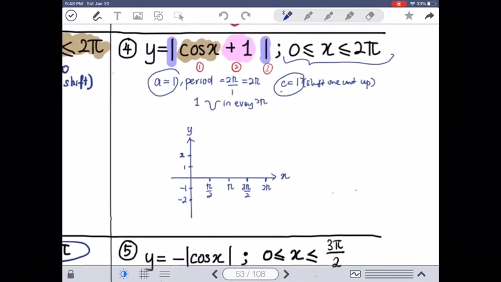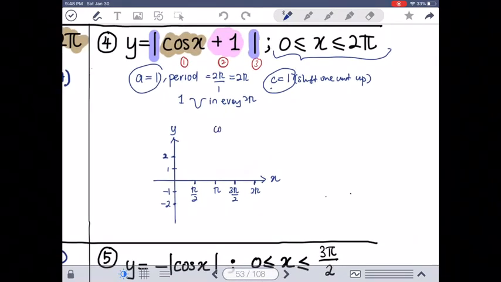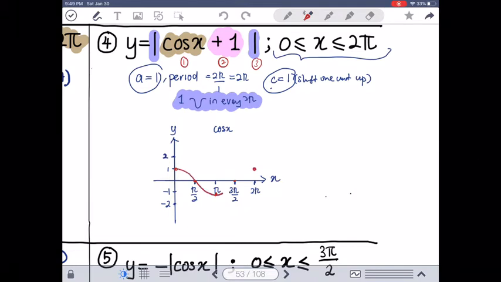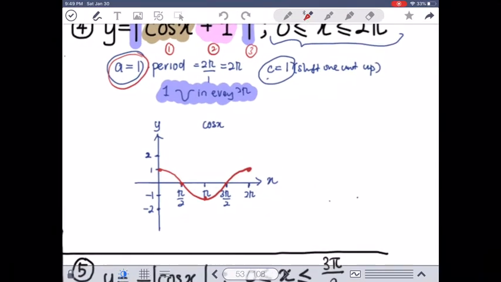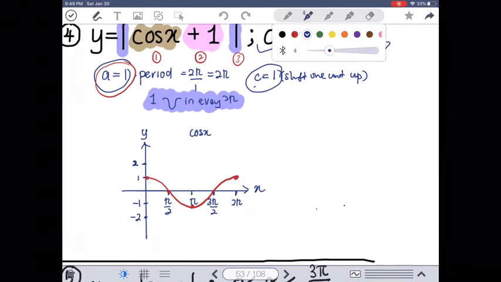Okay, start first with cos x. Look at the period, one cycle in every 2 pi. So we will have one cycle in every 2 pi. Amplitude is just 1. Yeah. And then we need to shift 1 unit upwards.